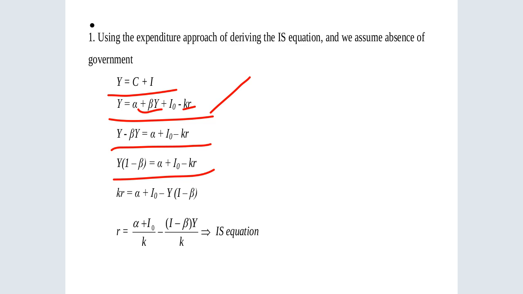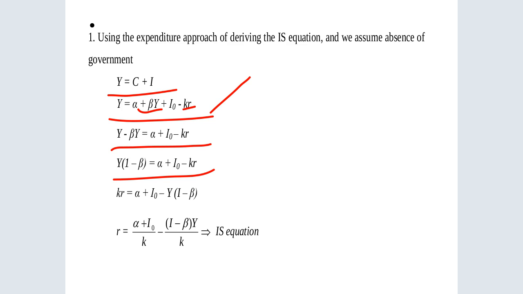Then you can divide by 1 minus beta. But before you divide both sides by 1 minus beta, what we are interested in is to make r the subject. If you want to make r the subject, you take this to the other side and subtract y times 1 minus beta from both sides.